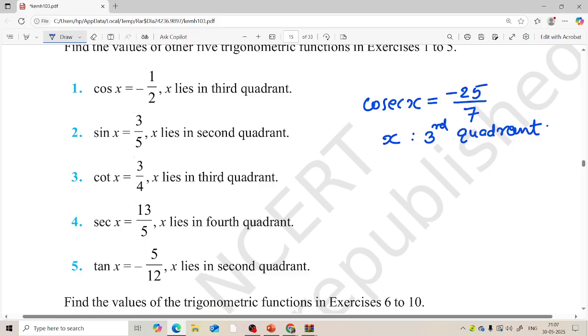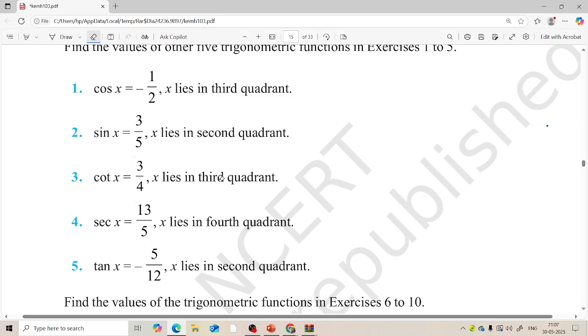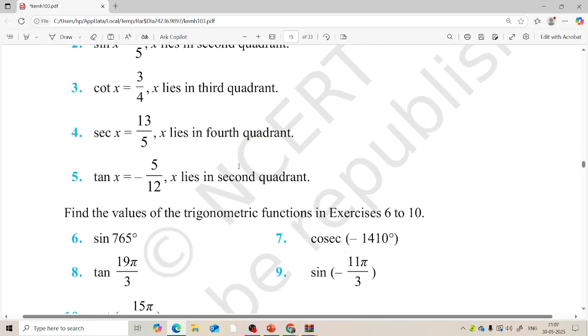You are confident in completing that, so after the class you try it. I will discuss the other problem. Is that okay? Okay, don't worry. You try it as homework. Let me discuss the 5th question now.